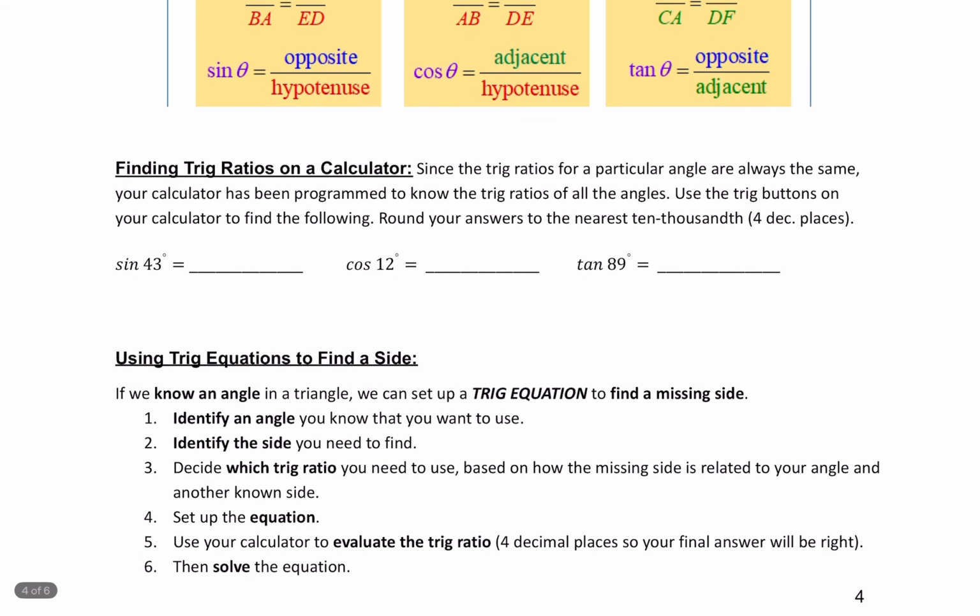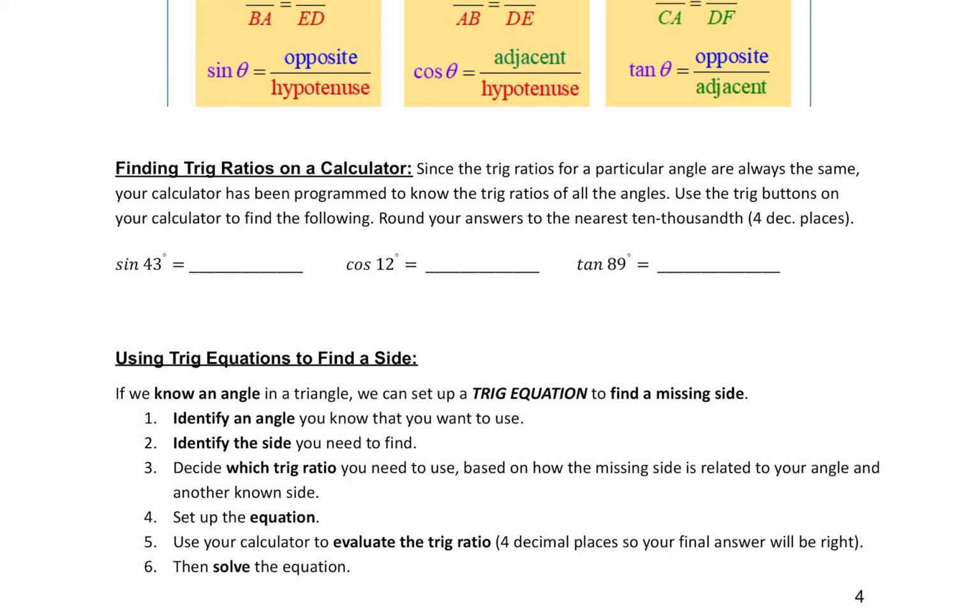Now we're going to talk about using our calculator to find trig ratios. Since trig ratios for a particular angle are always the same, your calculator has been programmed to know the trig ratios for all angles. We use the trig buttons on your calculator to find the following. On your calculators, there's a sine button, a cosine button, and a tangent button.